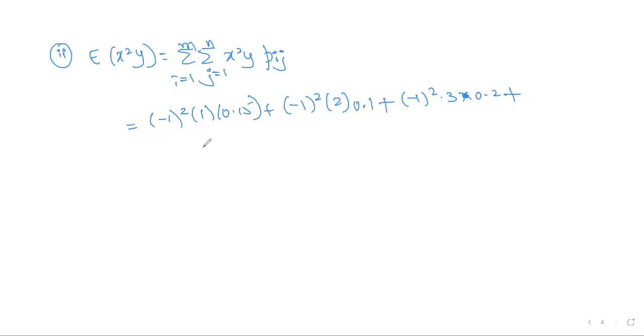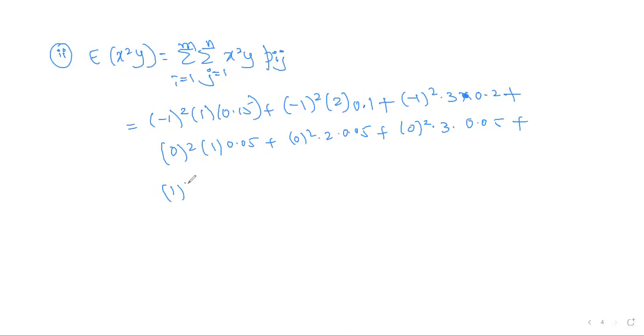Next, 0 square into 1 with 0.05, because x is 0 and the y value goes on changing: 0 square, y is 2, then 0.05, plus 0 square, y is 3, into 0.05.